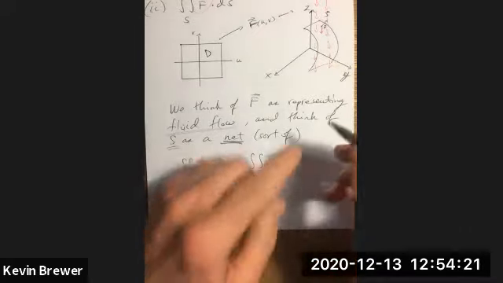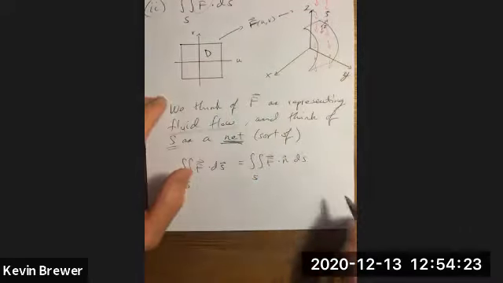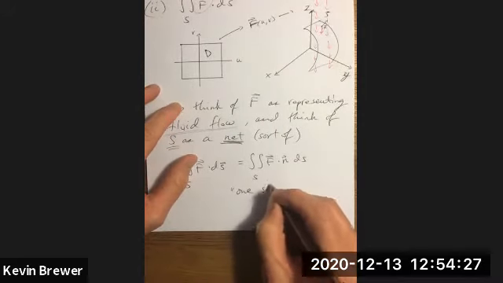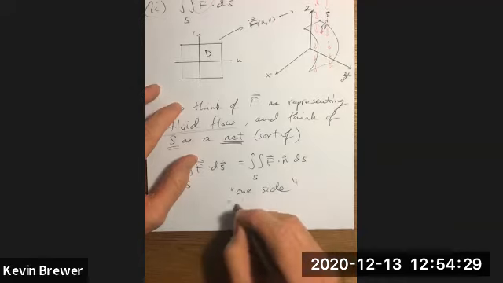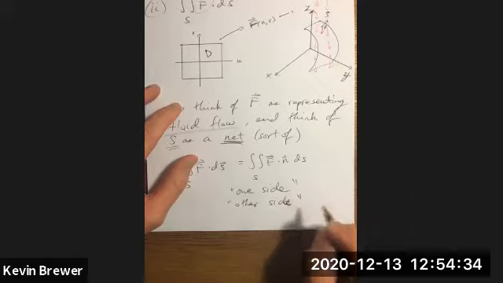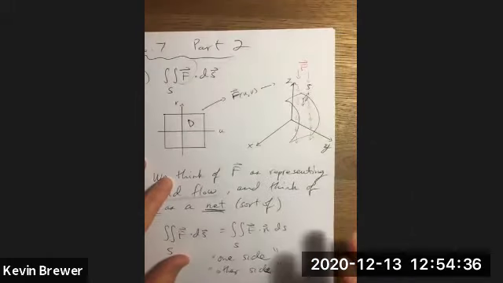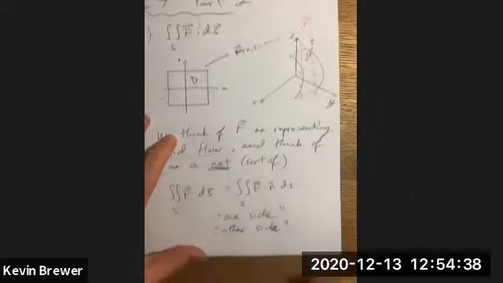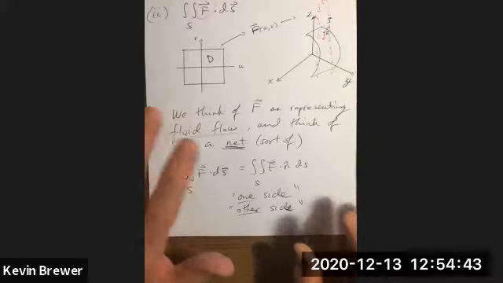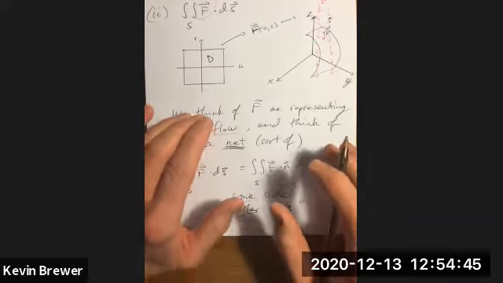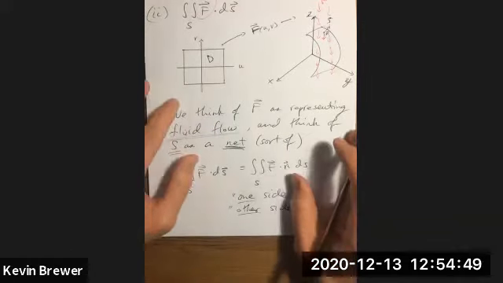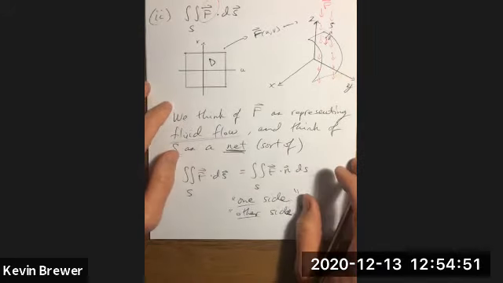In those words that I said, I talked about one side or the other side. Given the picture that I've drawn here, it makes sense to talk about this side or the other side. But there are surfaces for which it does not make sense to talk about which side.